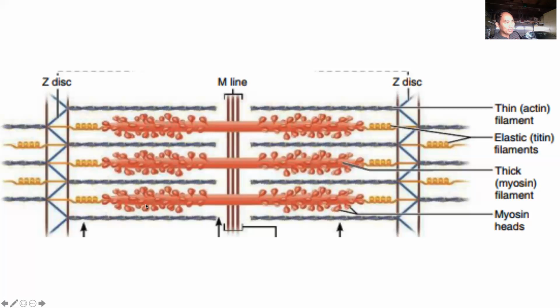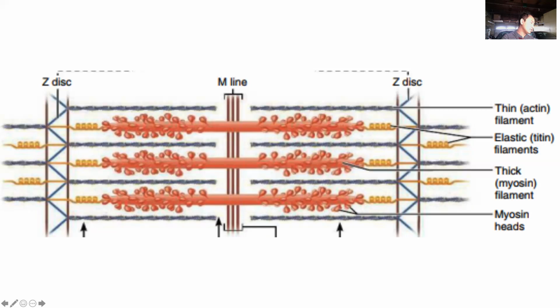That is what we call A. And here, you are not going to see myosin anymore, from Z to myosin, so you will only see thin actin filaments with the titin. It is small, very thin. We will name it the I-band.